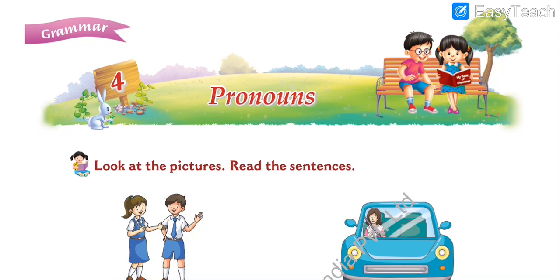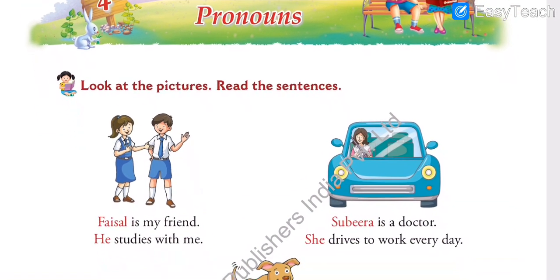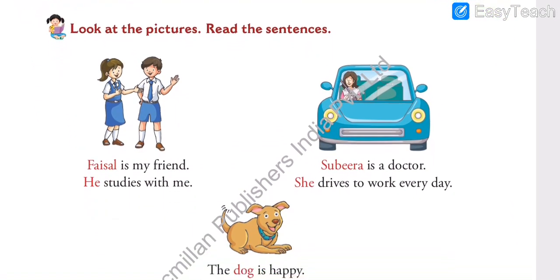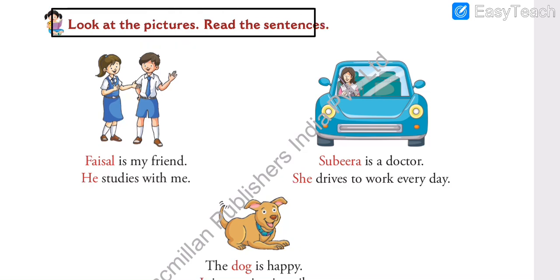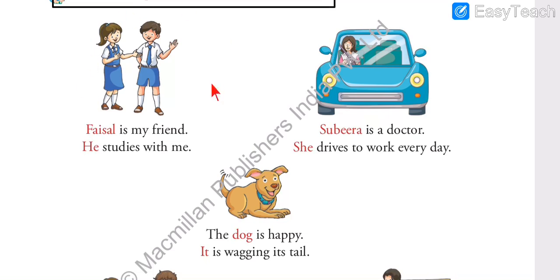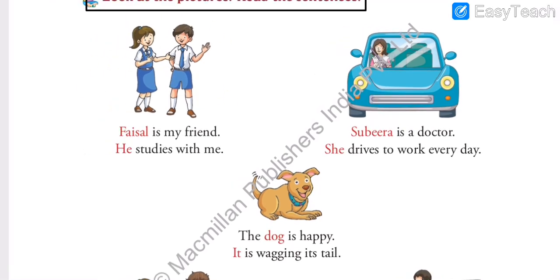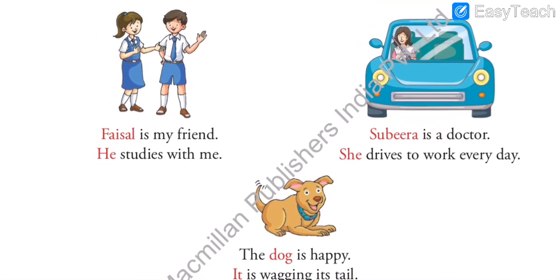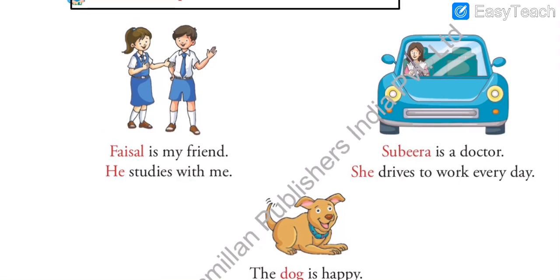So let's get started and let's have a look at this picture. Look at the pictures and read the sentences. The first picture, let me bring it closer to you. Here is the picture of a boy and a girl. Let's see what they are talking. Faisal is my friend.